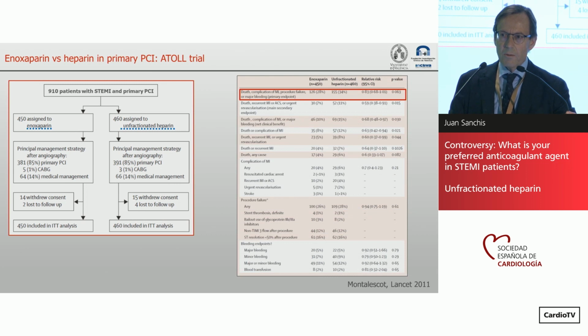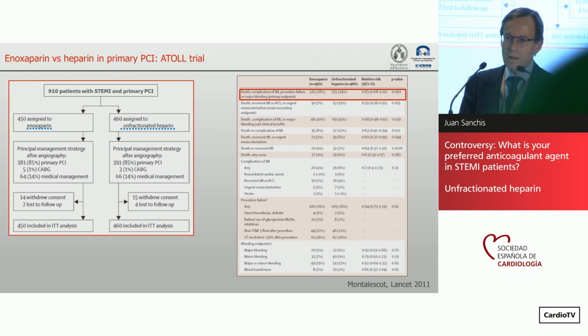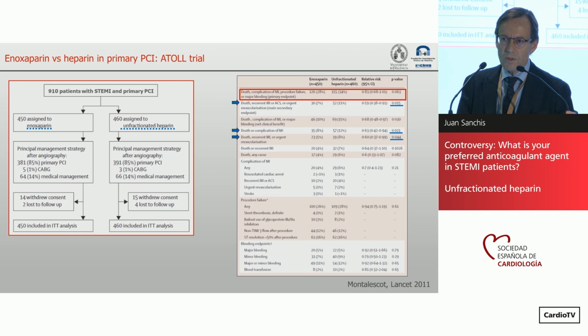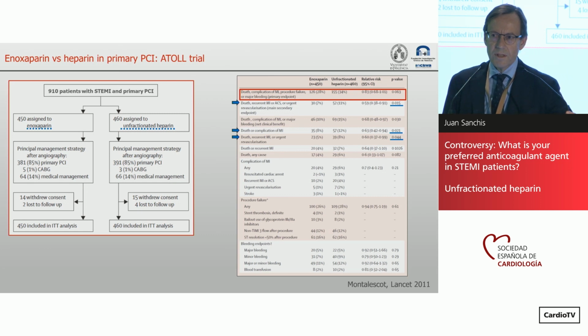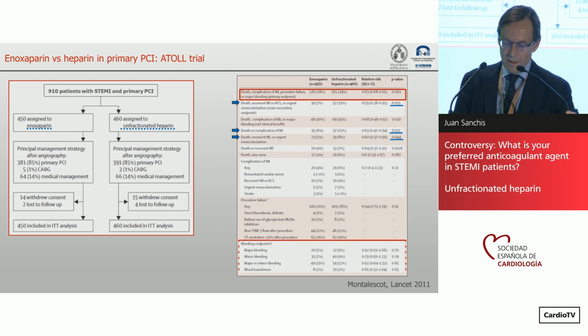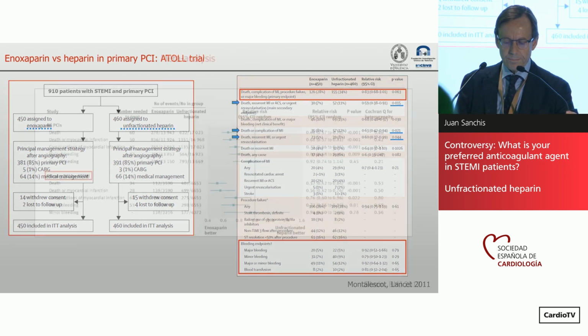And this was the main endpoint, no differences in the main endpoint, including ischemic and bleeding events at 30 days. It's true that enoxaparin was superior in some secondary ischemic endpoints, but the study didn't have statistical power for these secondary endpoints. And there were no differences in bleeding events.